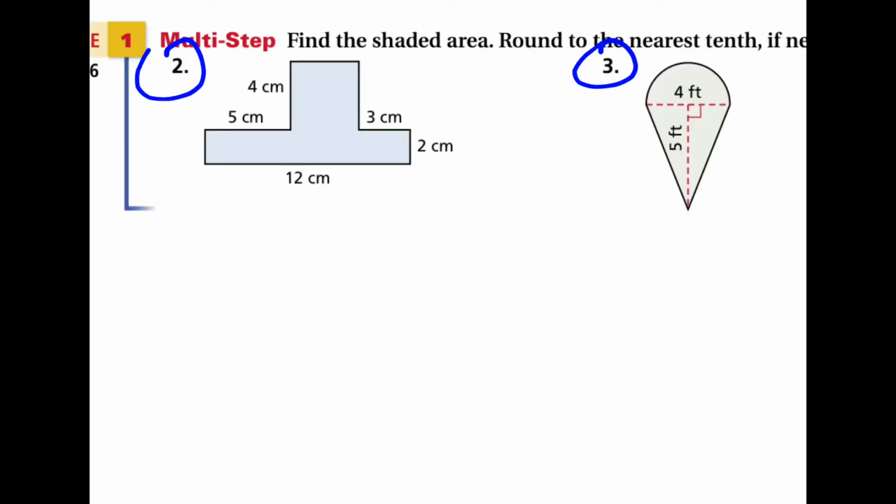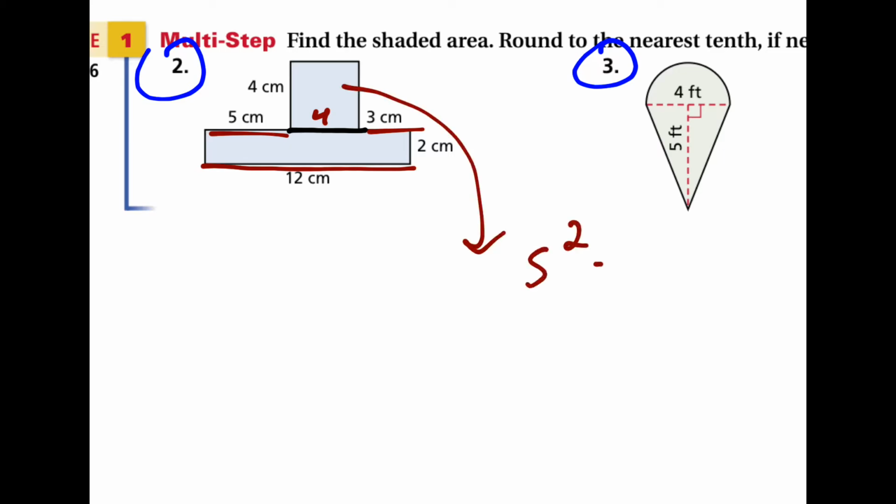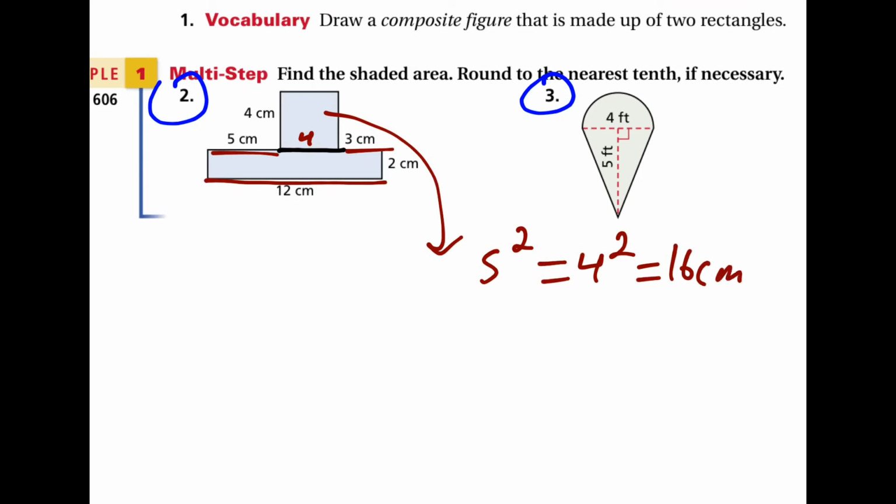We did 2 and 3 from the book. So one way to do this is to create a square and a rectangle here in problem number 2. If the entire length is 12, then 5 plus 3 plus 4 is 12. So we know that is a square. So to find the area of the square, we're going to take side squared, which is equal to 4 squared, which is equal to 16 centimeters squared.